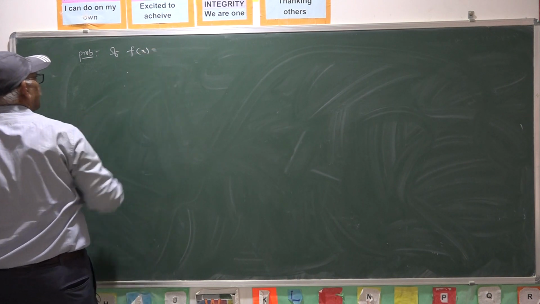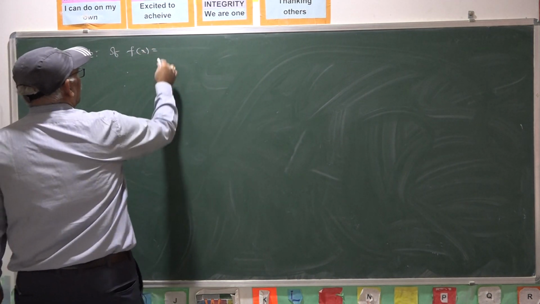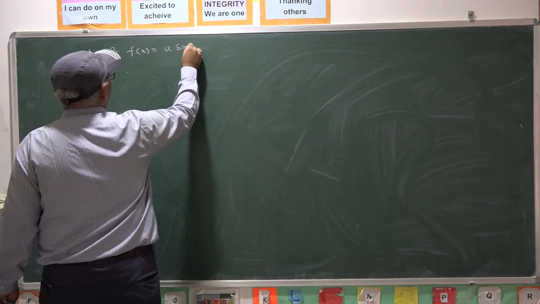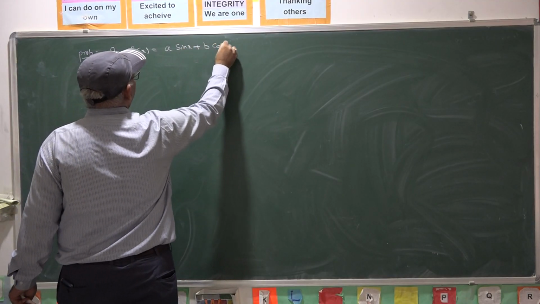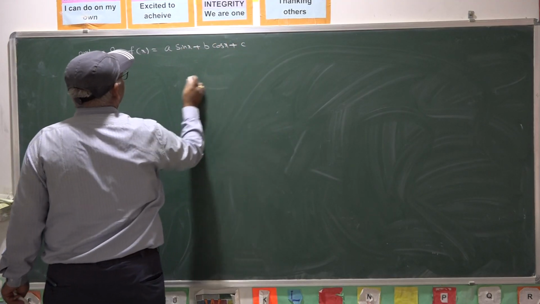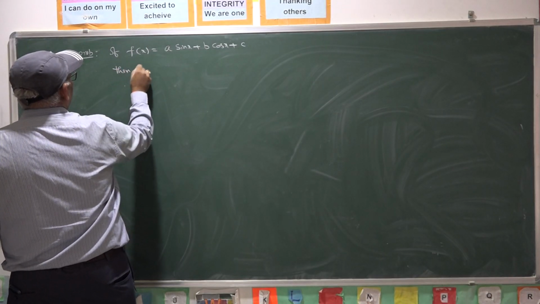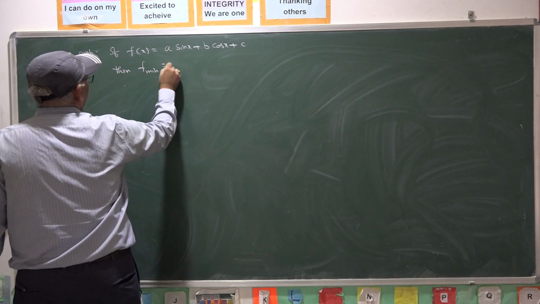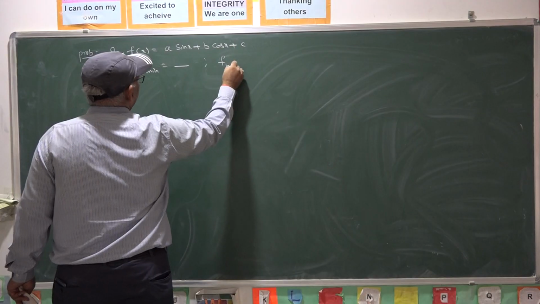If f(x) equal to a sin x plus b cos x plus c, then what are f minimum and f maximum?